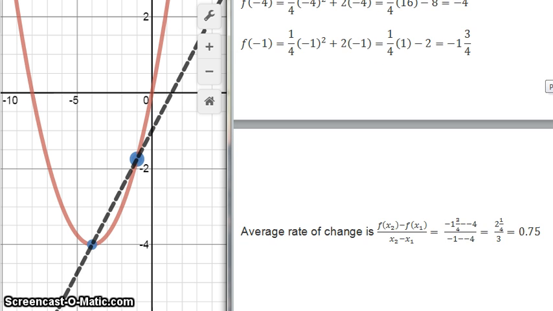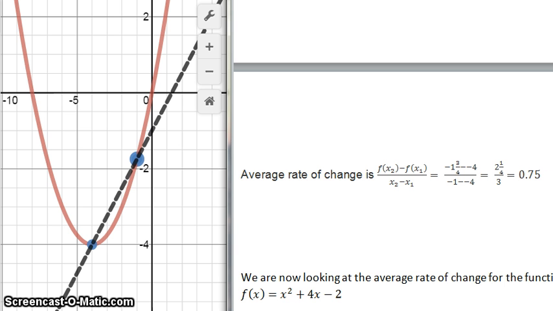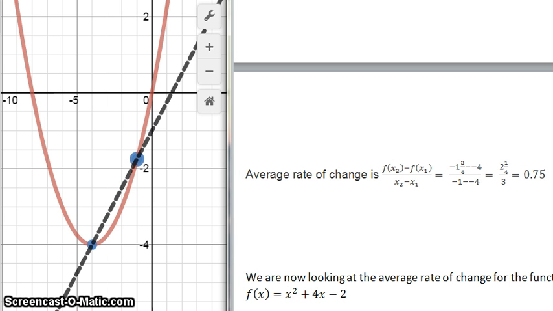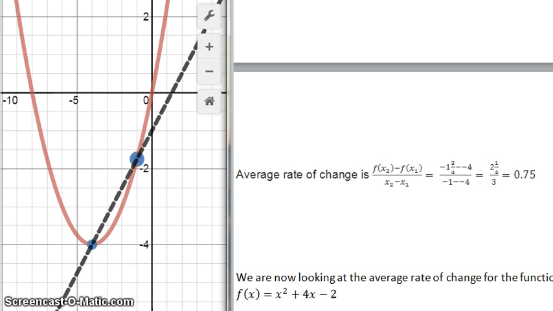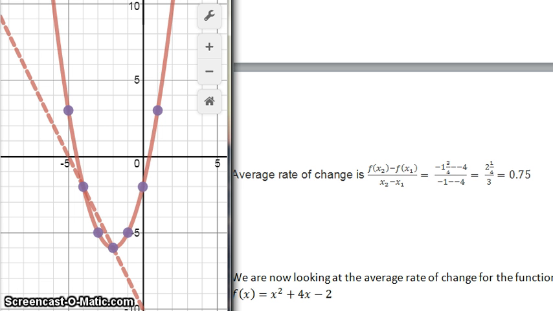Now we're going to look at a slightly different function, so we can get it totally in the window: x squared plus 4x minus 2. This is the function that we're looking at.